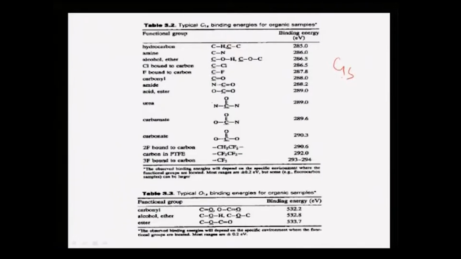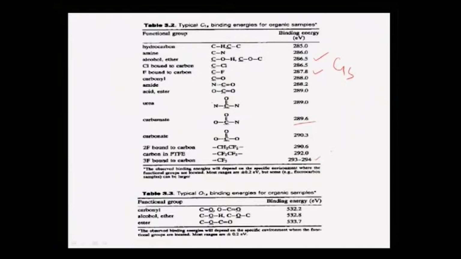As you see here, for hydrocarbon, that is C-H or C-C bonds, the binding energy is 285, amines C-N 286, alcohols C-OH or C-O-C both possible 286.5 electron volts, fluorine to carbon is very important at 286.7 to 287.8, carbonates have C-O, O-C-O, 289.6, and a CF3 bond, three fluorine atoms bonded to carbon, is 293 to 294.